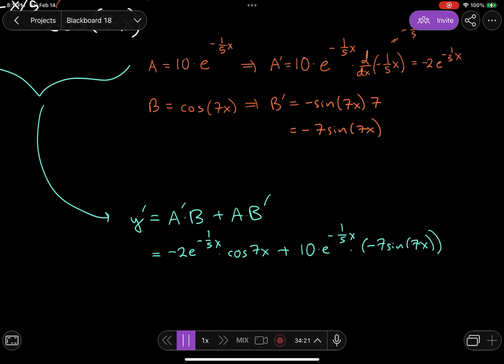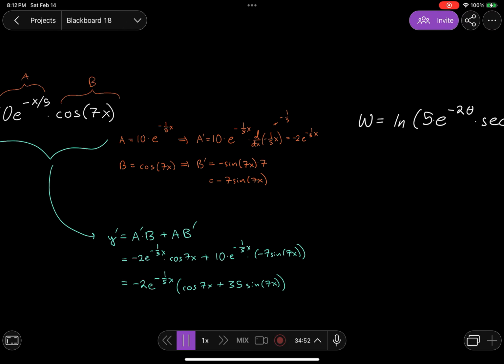I'm going to take out a negative 2 e to the negative 1/5 x. That's going to leave me on the inside with the cosine of 7x plus 35 sine of 7x. Fact check me, please. But I think that looks good. All right, that one wasn't too bad.